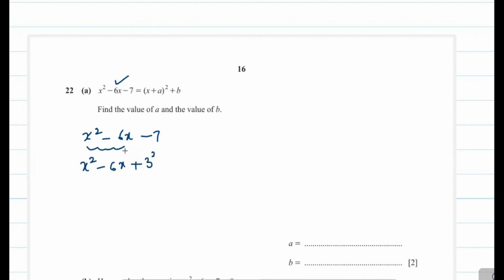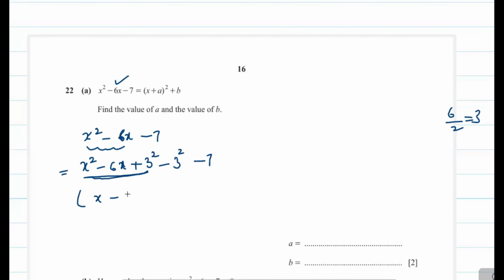You will take the coefficient of x, which is 6, and divide it by 2, you get 3. Now add 3 square in this expression. To make balance, you also subtract 3 square, and minus 7 is written as it is. Therefore, this is the completing square expression.